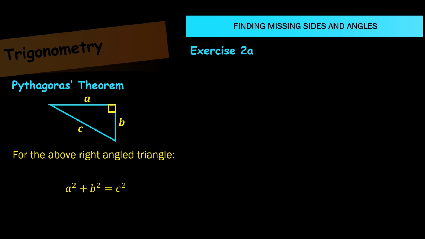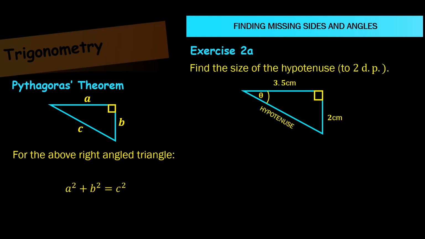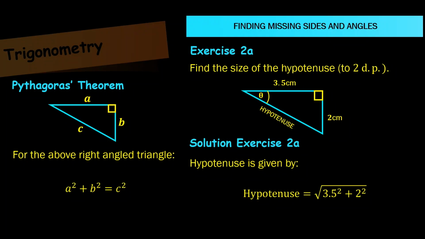So let's take a look at exercise 2a. We are required to find the size of the hypotenuse in the diagram shown. So let's solve this. The hypotenuse is given by the square root of 3.5 squared plus 2 squared. So here's our hypotenuse, in other words c, in our theoretical diagram.